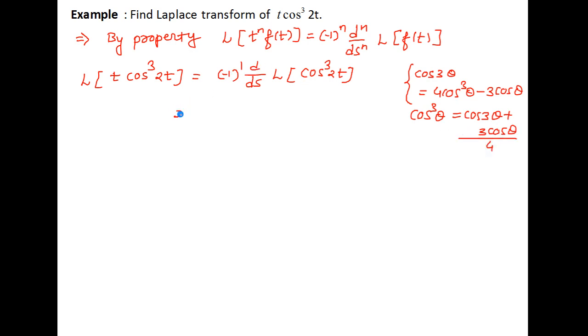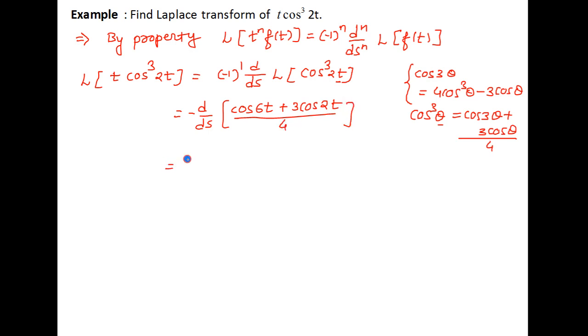So by the result, then minus d upon ds. Now here instead of theta what is there? 2t, so it will be cos 6t plus 3 cos 2t upon 4 by the result.